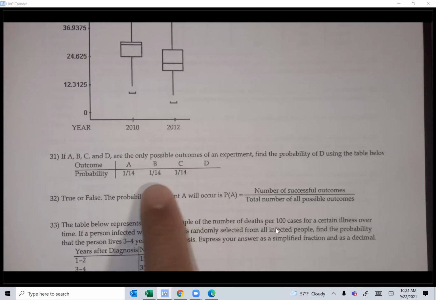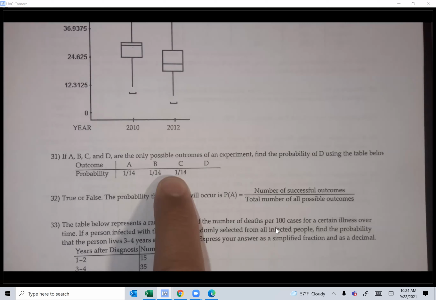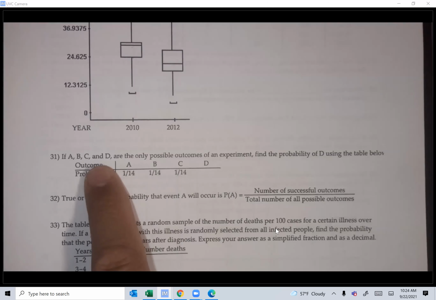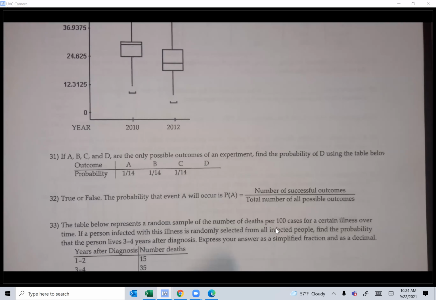So if I got 1/14 here, 1/14 here, and 1/14 in C, and I know the only possible outcomes are A, B, C, D, what would be the probability of D? Who can say that? So what answer would you put in D?